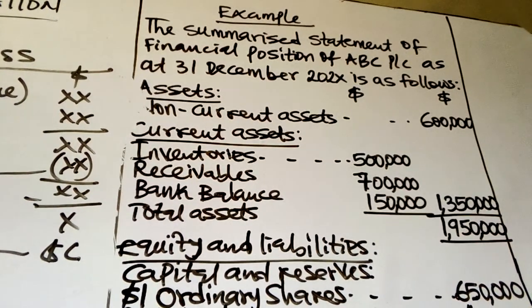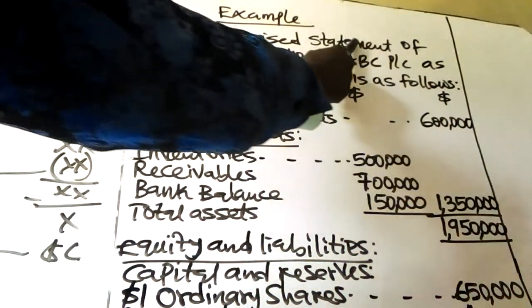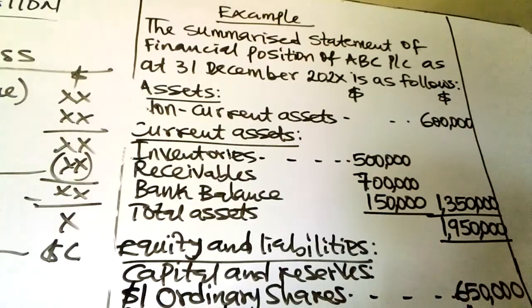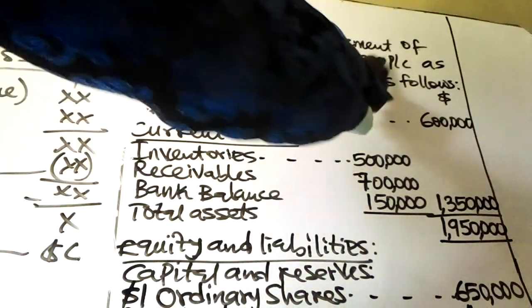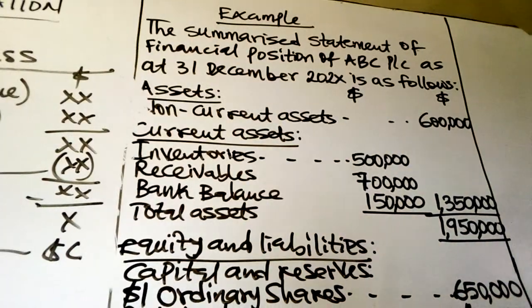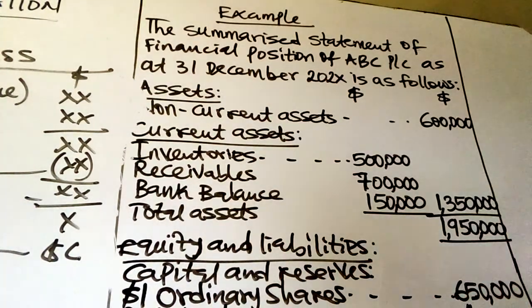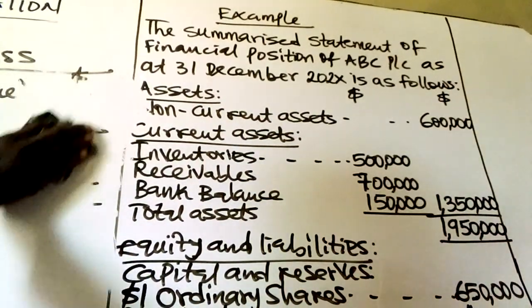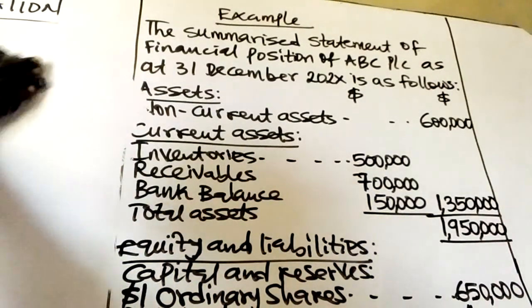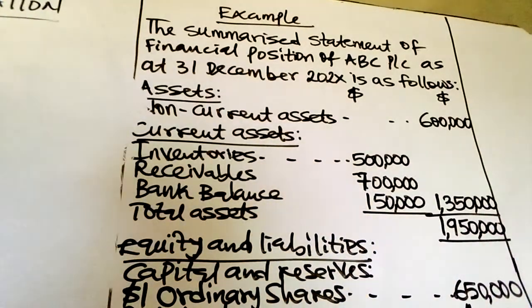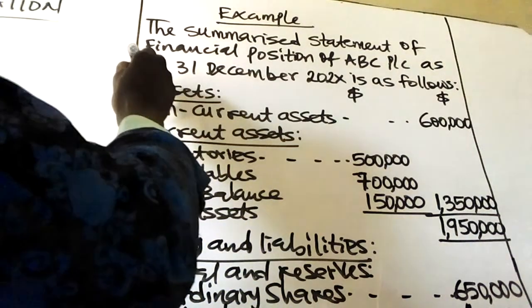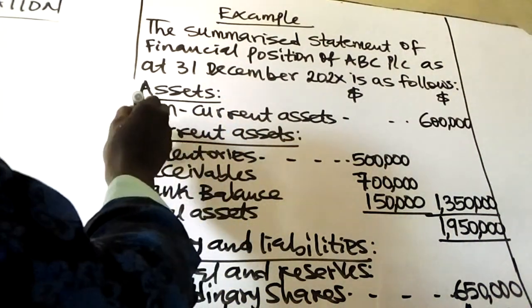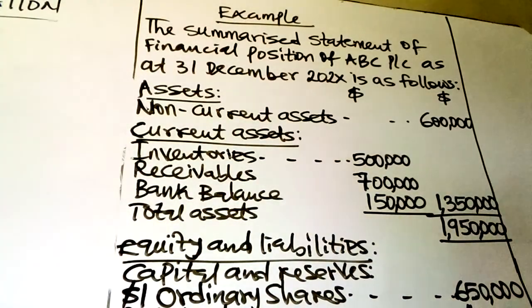Example 1. The summarized statement of financial position of ABC PLC as at 31st December 22x is as follows. You are given assets. Non-current assets are 600,000.